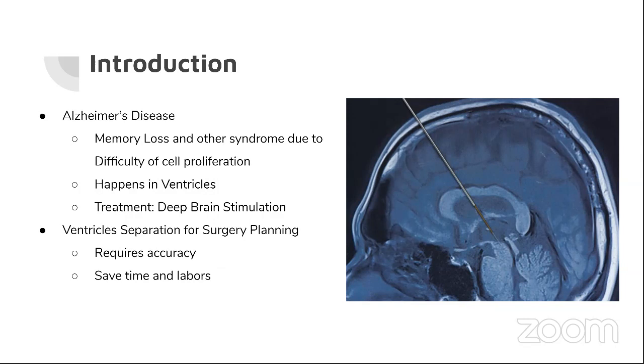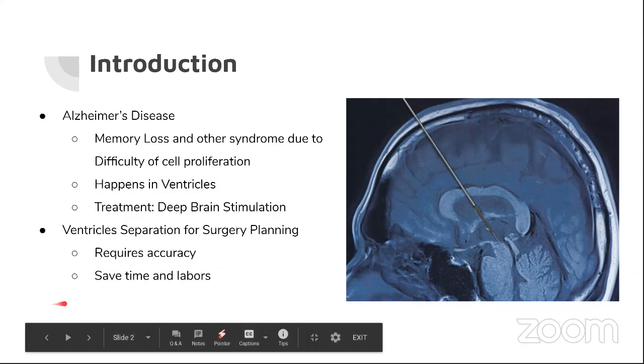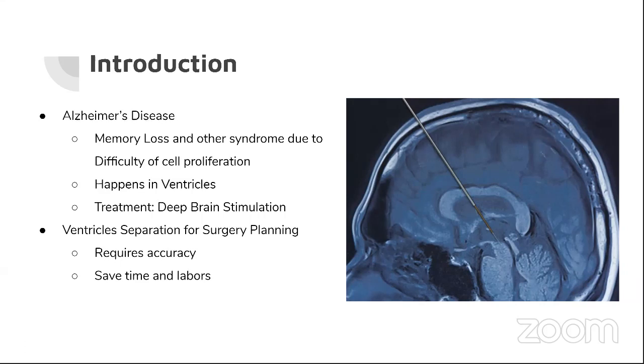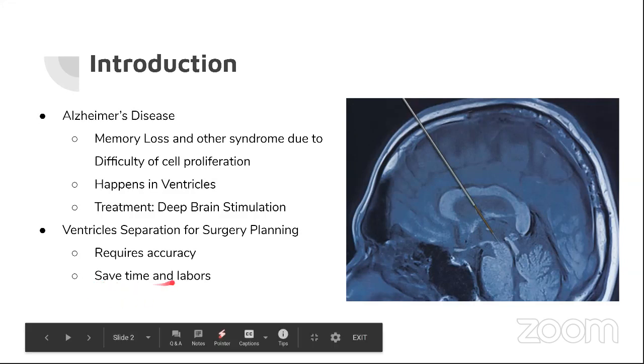It requires to be really precise and accurate. So we are seeking a 3D image segmentation model that could let the computer itself separate out the ventricles for us. And hopefully it could save time and labor and could help for the further surgery planning.